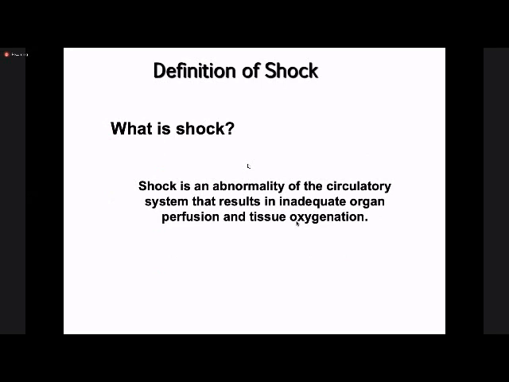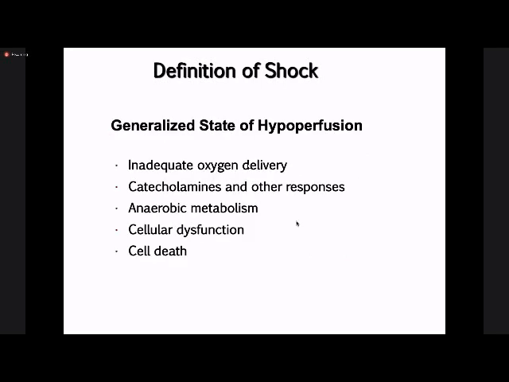Shock, we have already discussed. In shock, what happens is generalized hypoperfusion, so there is inadequate oxygen delivery to the tissues. The body will try to compensate by various mechanisms. One is excessive catecholamine secretion, that is adrenaline and noradrenaline, causing peripheral vasoconstriction and tachycardia. Peripheral vasoconstriction will stop the blood supply to non-vital organs.